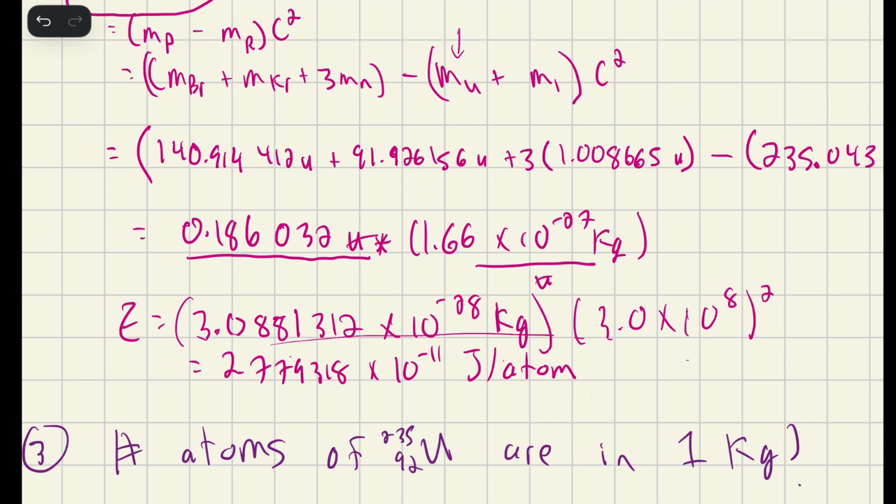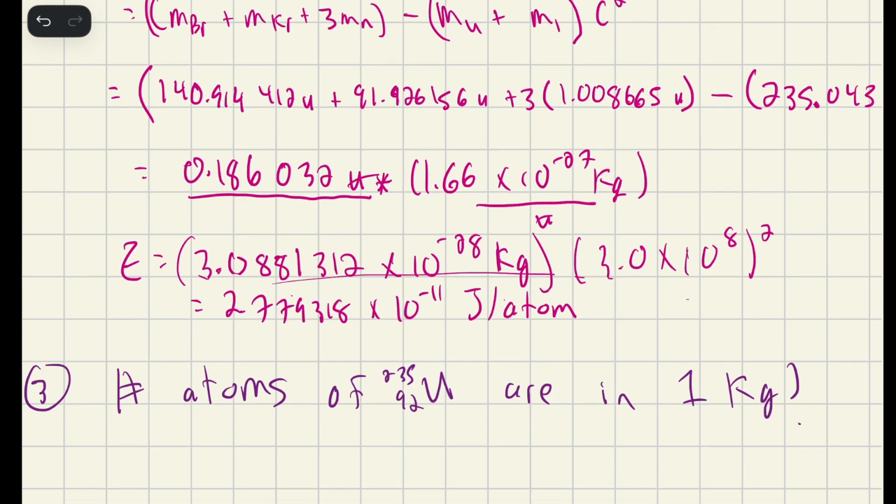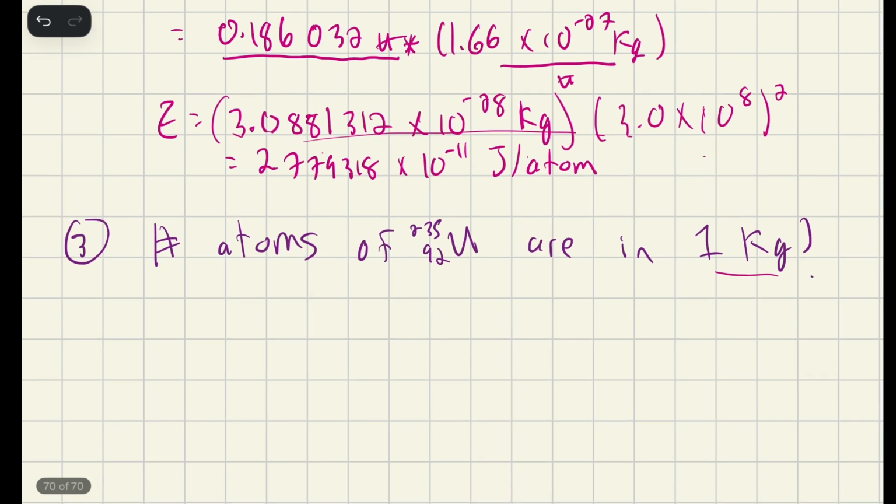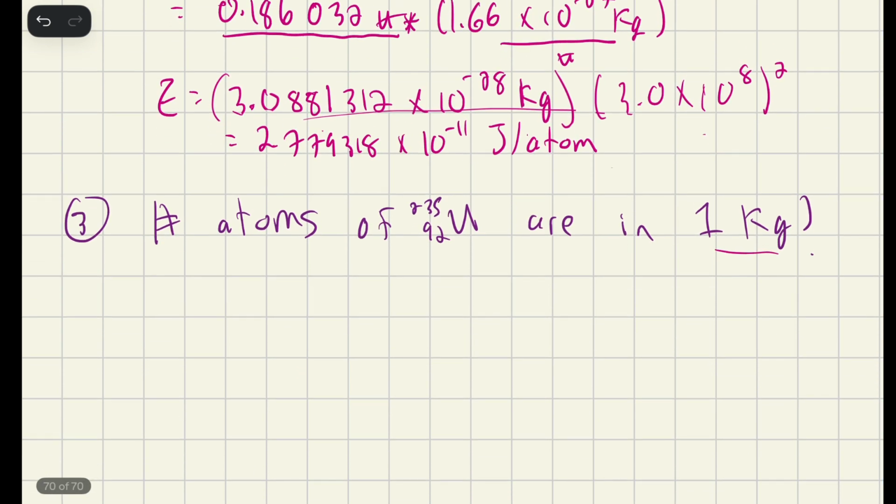So now that we know the amount of energy released per atom, we need to figure out how many atoms of uranium there are in 1 kilogram. To do this, we look at the atomic mass of uranium, 235.043930 atomic mass units, multiplied by the atomic mass constant.